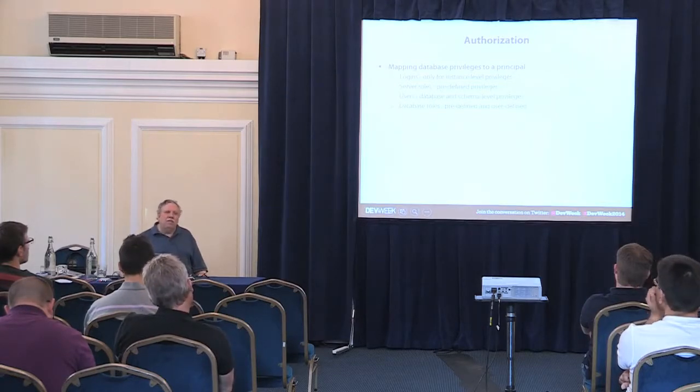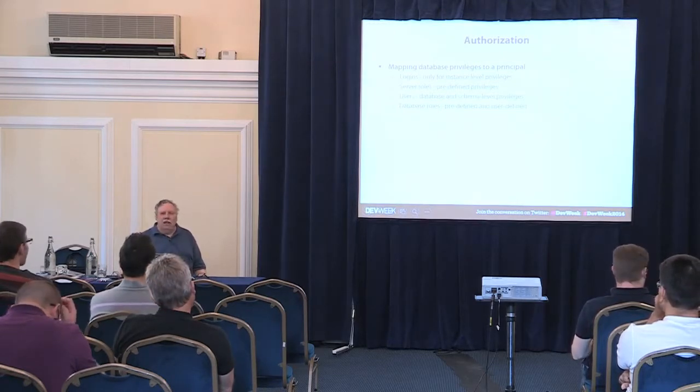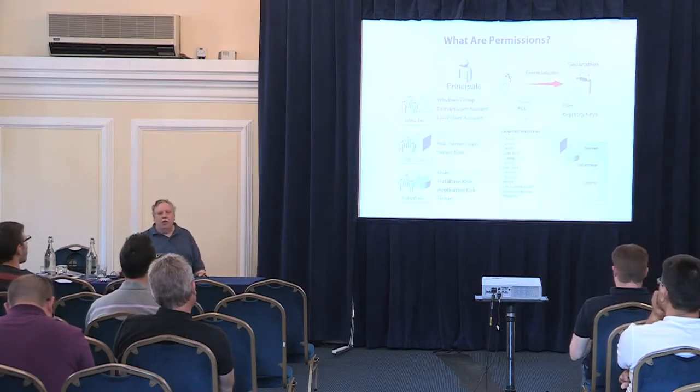And users can also have database level and schema level privileges. And so when we get to schemas, I want to show you a trick that I like to use to make it easy to drop and recreate objects. Database roles, you have predefined and user-defined database roles, and so you can assign privileges to those as well. And then this is a cute picture that basically says that, right?